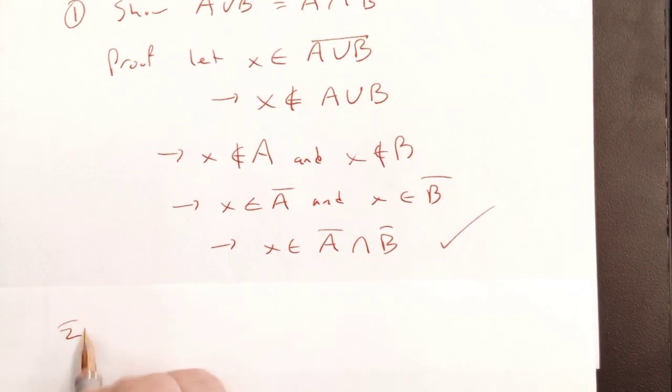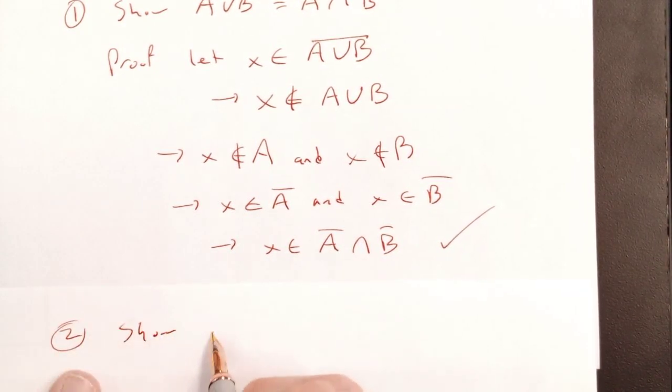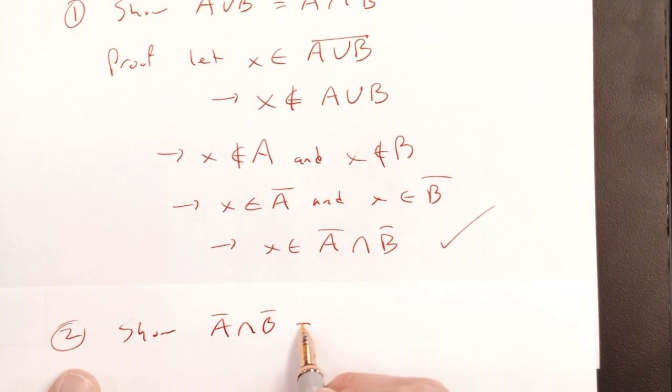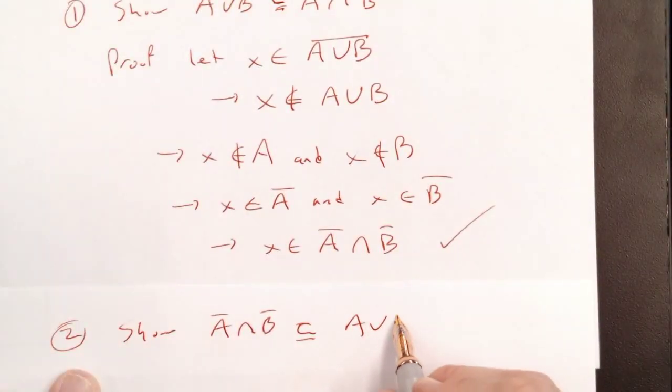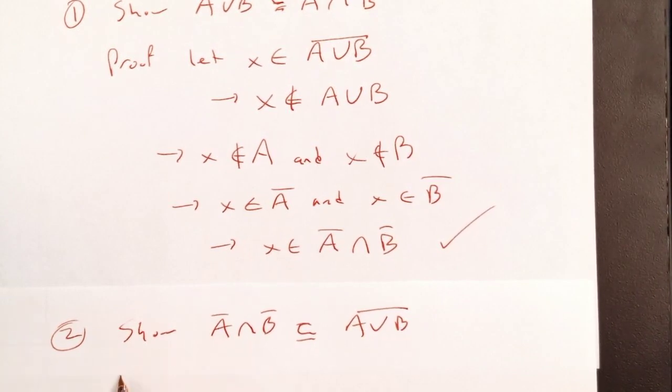For part two, I have to show that A bar intersect B bar is contained in A union B bar. Got to show the containment the other way. So now I start with something in here.